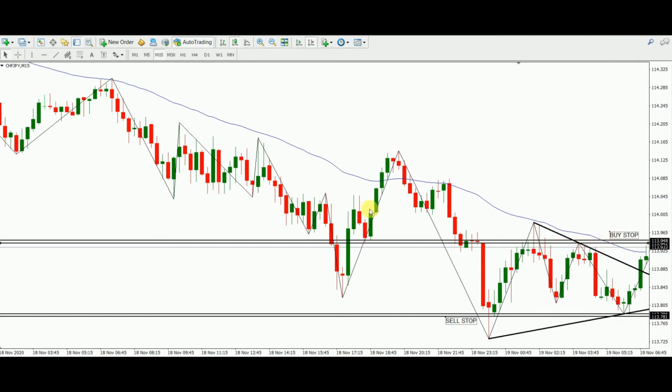Okay, stop loss, as per what Dave said about this strategy on the pattern. With your stop loss, from here to here, this is your baseline, the base of your triangle.